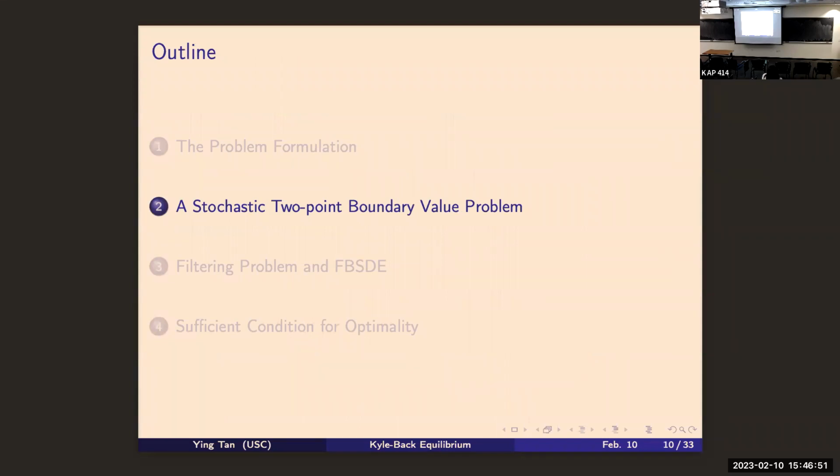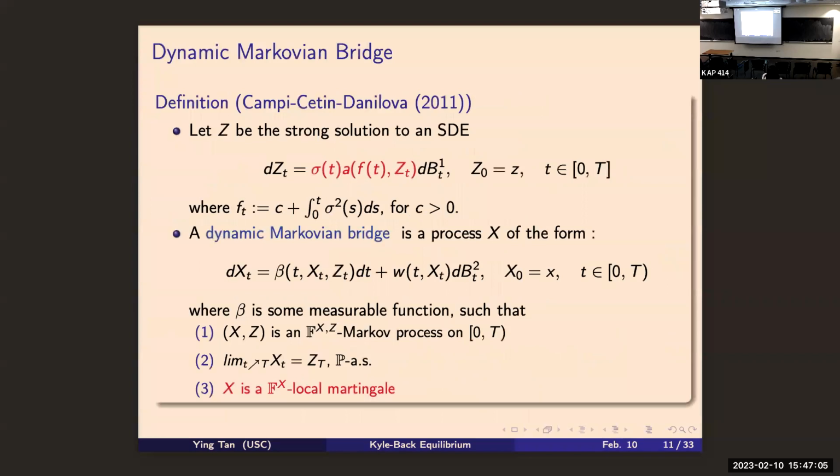Now, as I mentioned before, we need to solve the extra terminal condition. This is the stochastic two-point boundary value problem we proposed. Before actually talking about the two-point boundary value problem, I would like to introduce the dynamic Markovian bridge first.